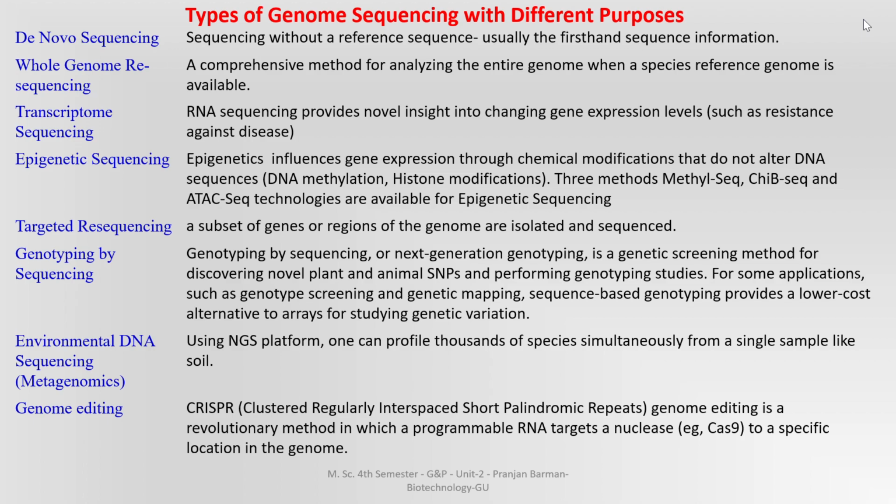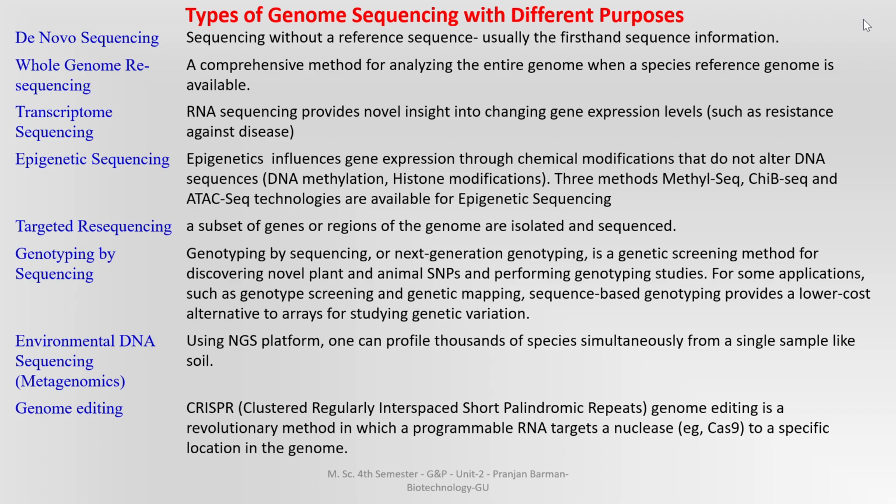Genotyping by sequencing, these are methods you can read about in detail, and if you join any plant biology laboratory later on in your PhD or higher studies, you will come across these terms and you have to deal with these problems. What is genotyping by sequencing?